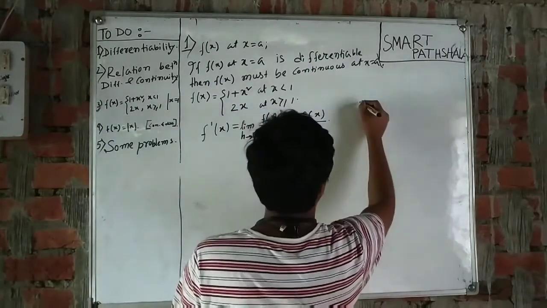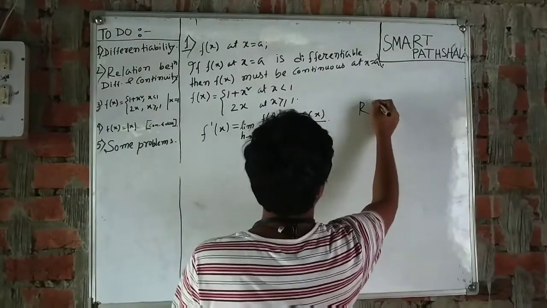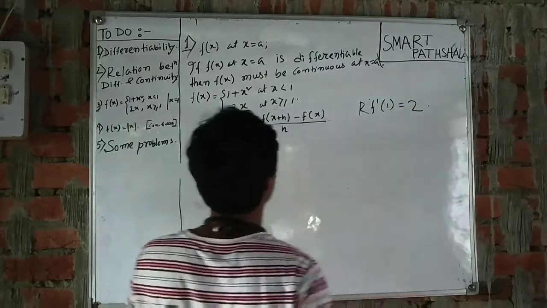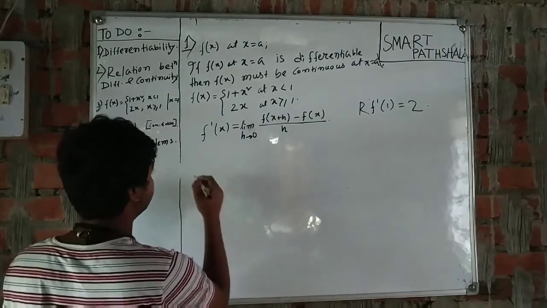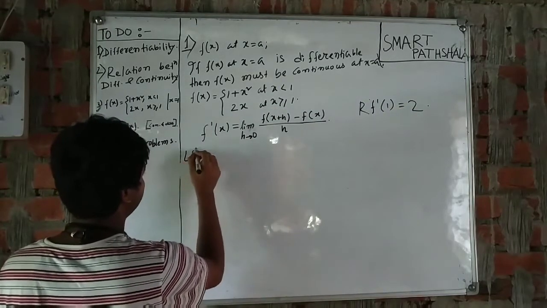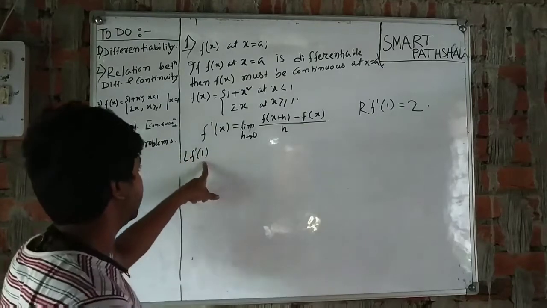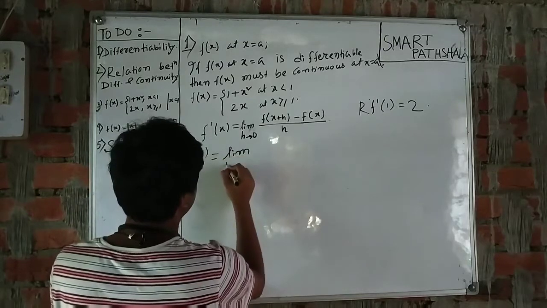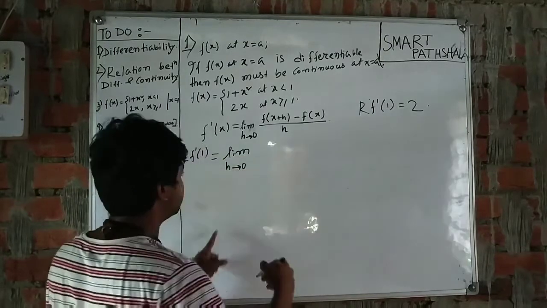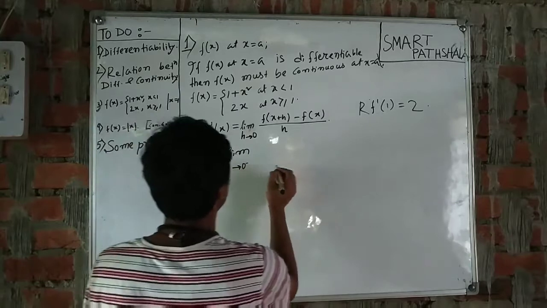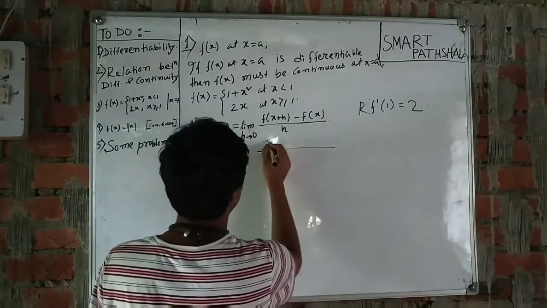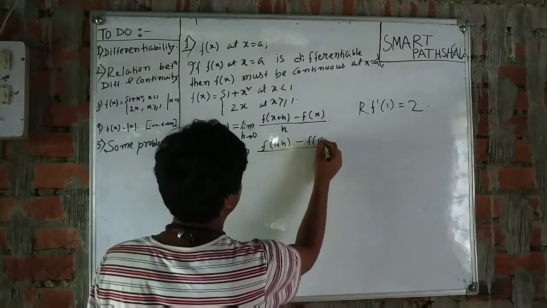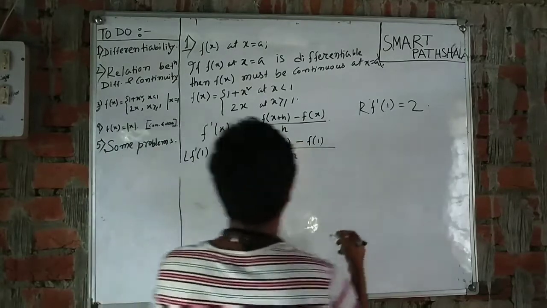Similarly, the right hand derivative f dash 1 is 2. Now, if we try to find out the left hand derivative of f of x at x is equal to 1, then we will write the limit as h tending to 0 from the leftward direction of f of 1 plus h minus f of 1 divided by h.